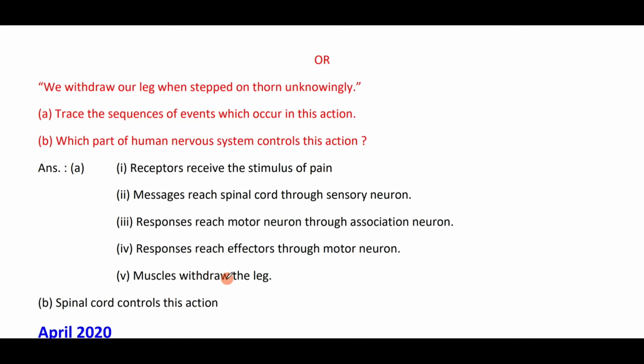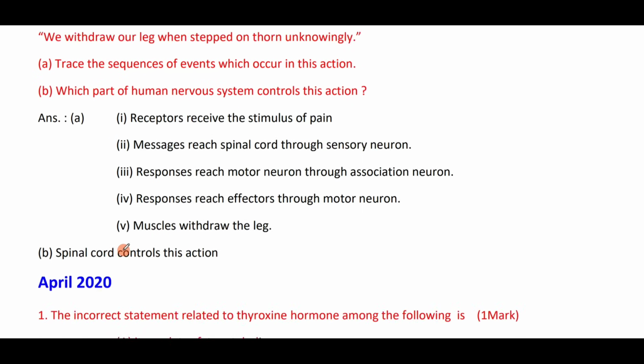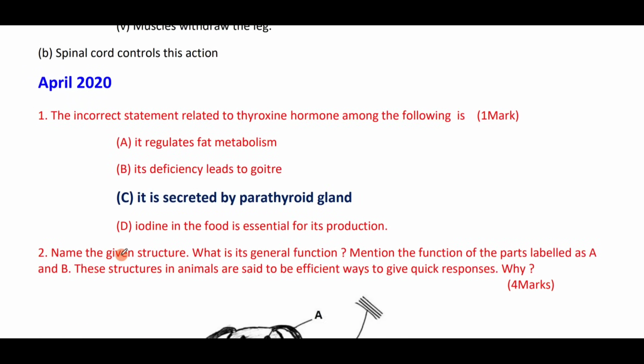Muscles withdraw the leg. So these events take place in the spinal cord without the involvement of the brain. That is called reflex action. The pathway involved in the reflex action is called reflex arc. The spinal cord is responsible for this action.